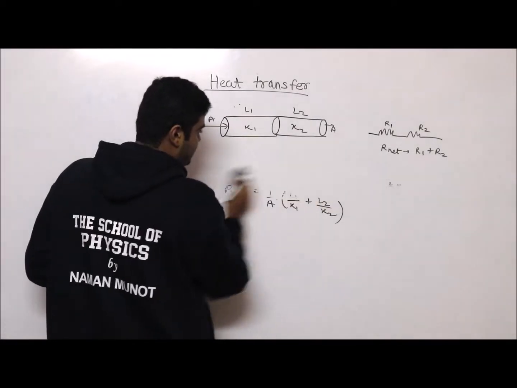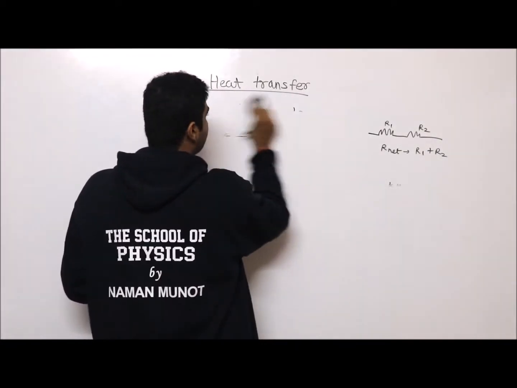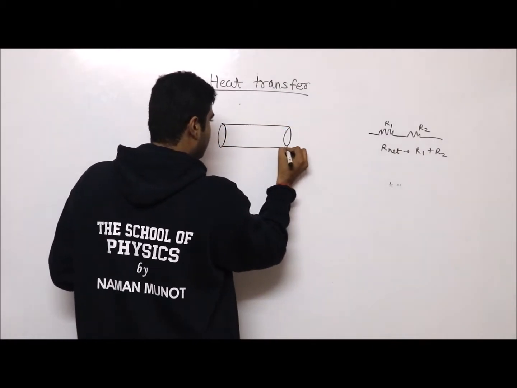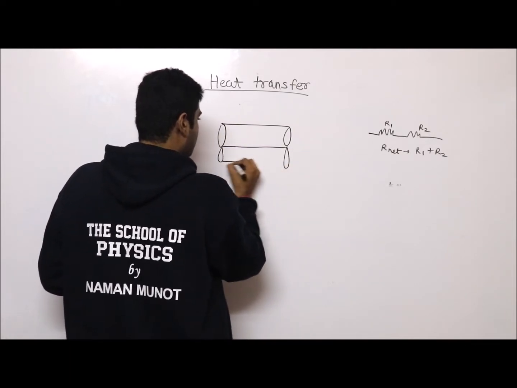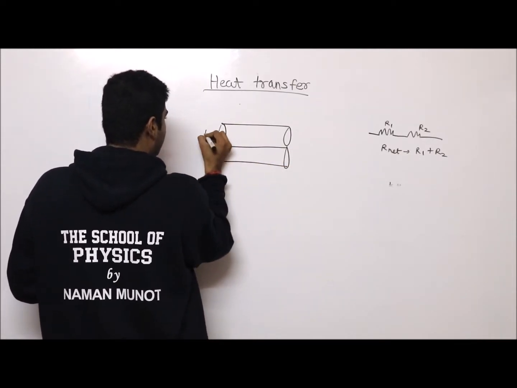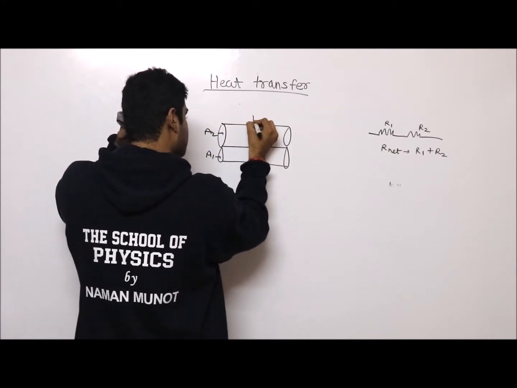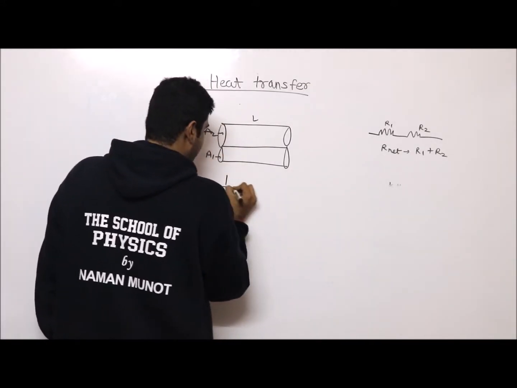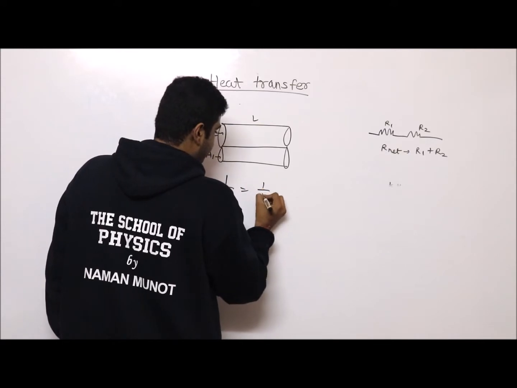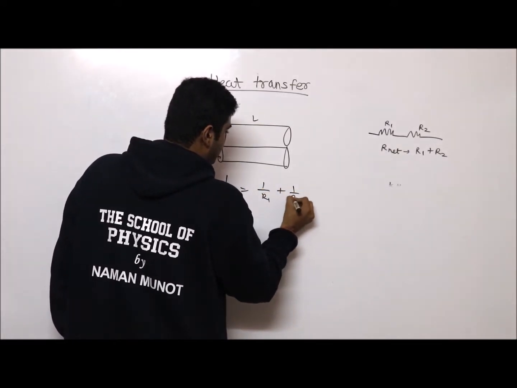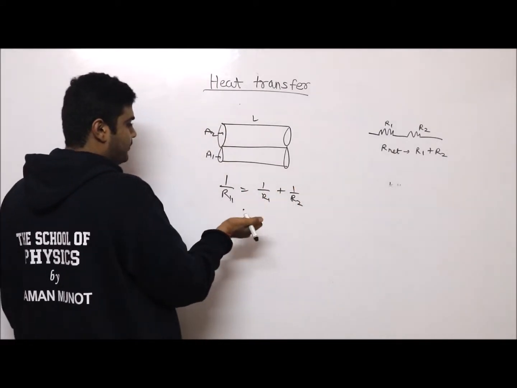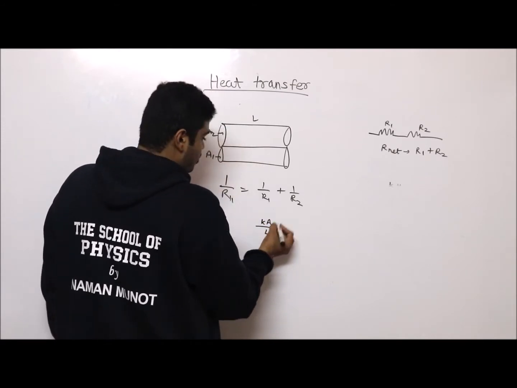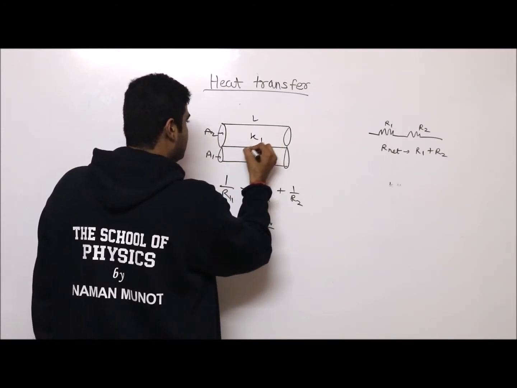Now let us see the combination in parallel. In parallel we will have something like this. Here area might be different. This might be A1, this might be A2. L in both the cases is the same. Since we remember 1 by R parallel in current electricity is equal to 1 by R1 plus 1 by R2, and R is equal to L by KA, 1 by R1 will become KA by L. Since L is common for both, this has K1, this has K2.